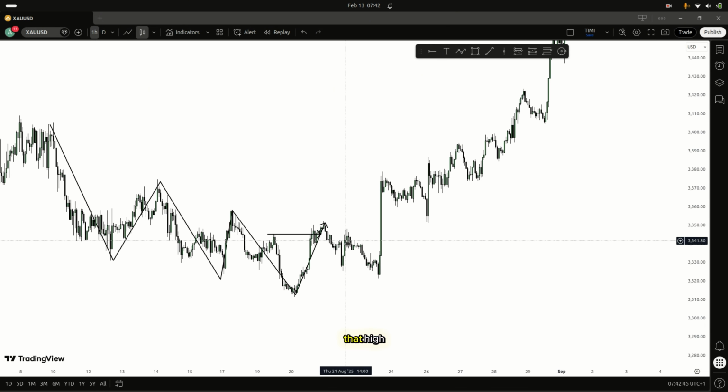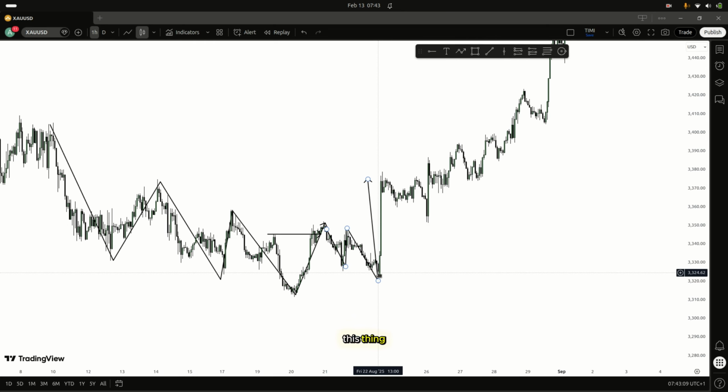And then when price took out that high, price started giving us lower highs, lower lows, lower highs, lower low. And then immediately price came up, took out this high, while also taking out other previous existing highs in the market. A double breakout structure occurred.